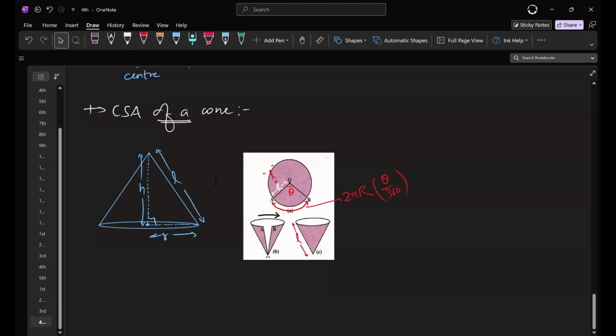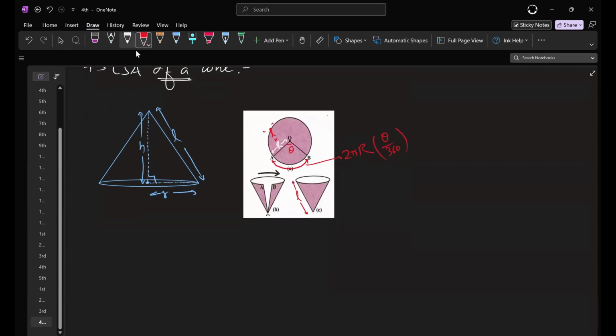So when we are just talking about the sector that we have cut out, this is the sector that we have cut out. When we are just talking about this thing, then what in this figure is contributing as the curved surface area of the cone?